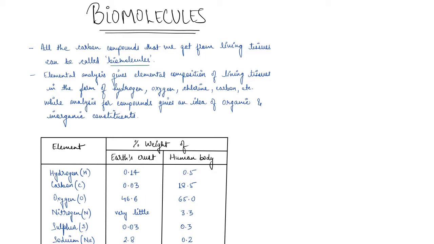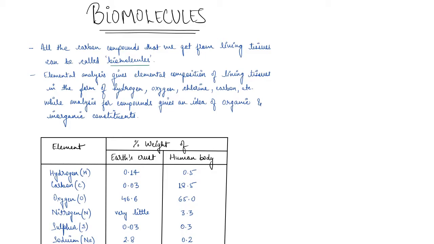So bio means life and molecules means these small elements, right? Any kind of carbon compound that we get from any kind of living tissue, be it of humans, mammals, plants, or anything, are basically biomolecules.